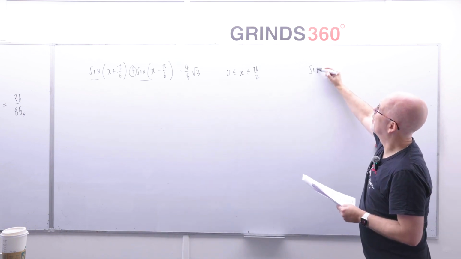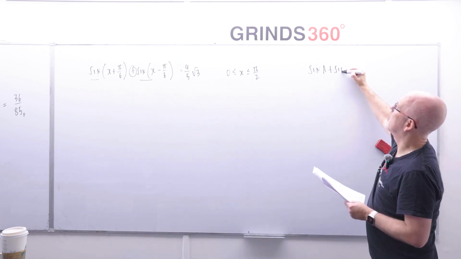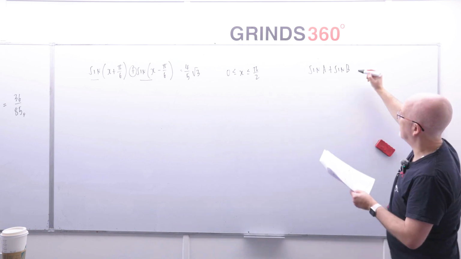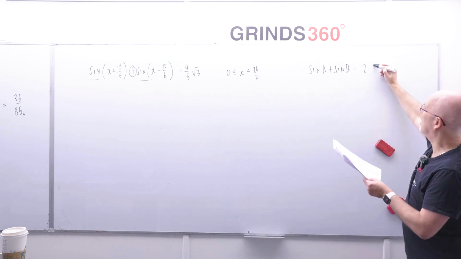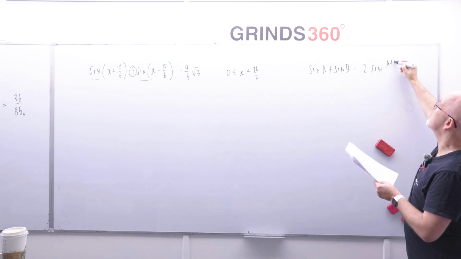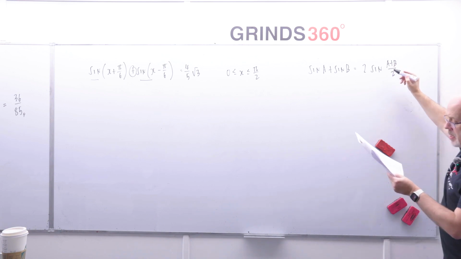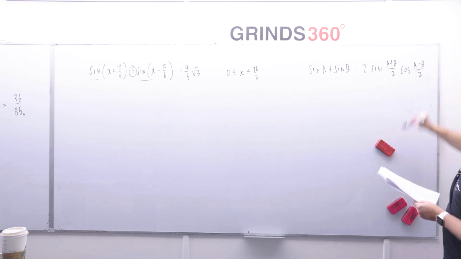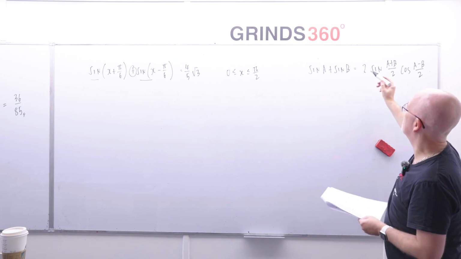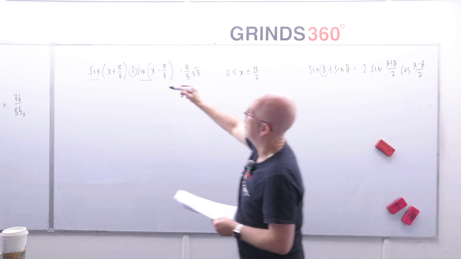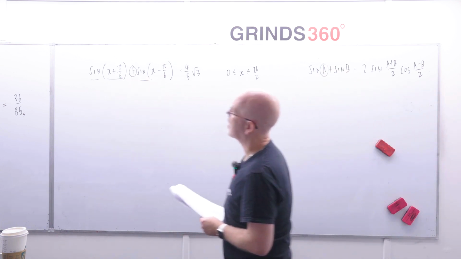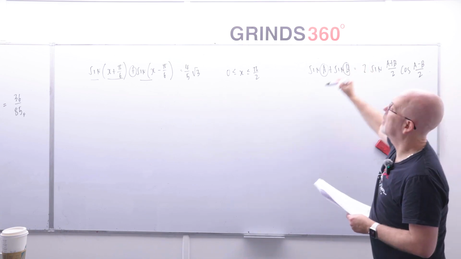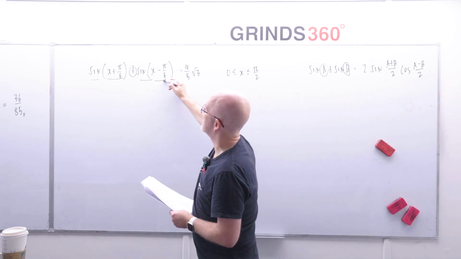So sine A plus sine B, because that's what I've got there, 2 sines added together, is the same as 2 times sine A plus B over 2 times cosine A minus B over 2. In this formula, A is x plus pi over 6, and B is x minus pi over 6.